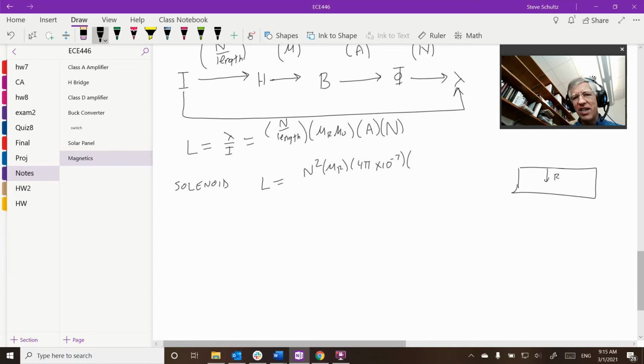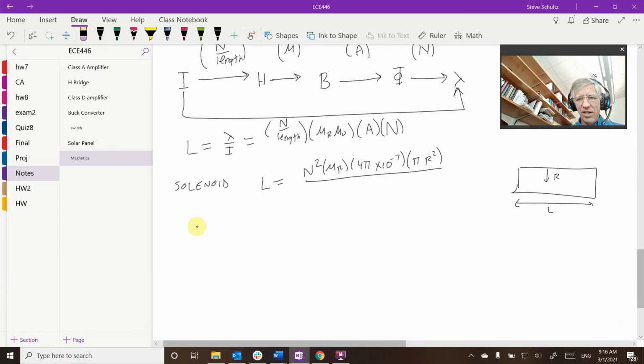So now I need to get my area, and my area is pi r squared. Then I'm dividing that whole thing by my length, which is this length here. We usually use lowercase l for the length because we use big L for my inductance. So this is my whole structure, and this is my inductance for a solenoid.